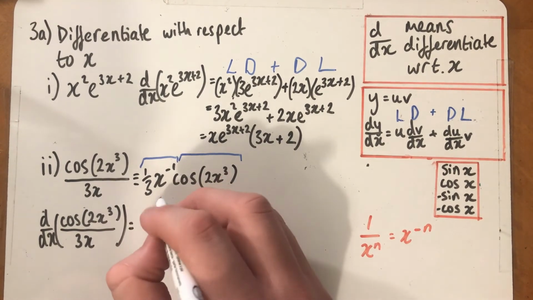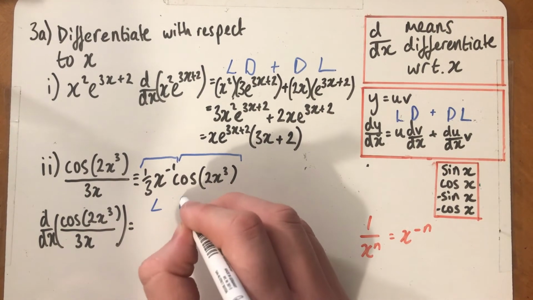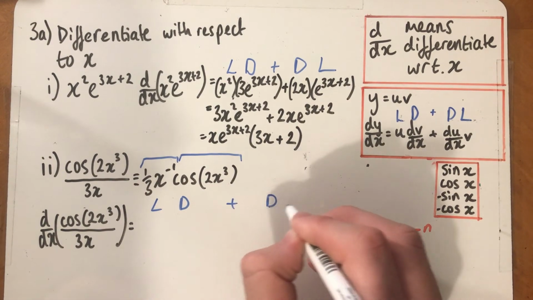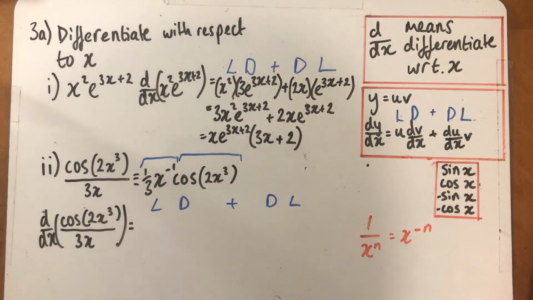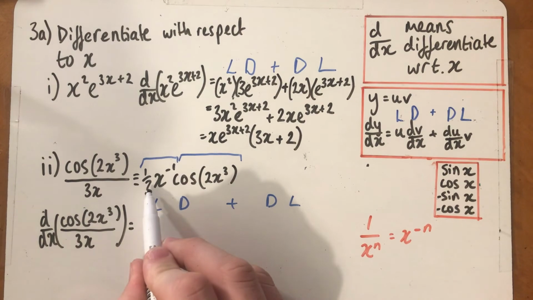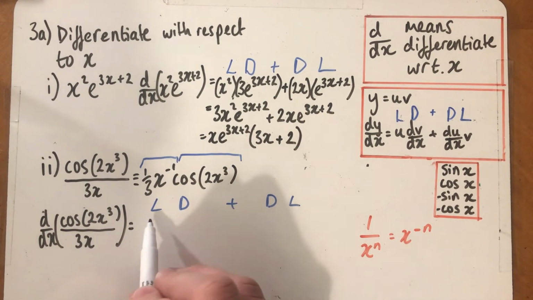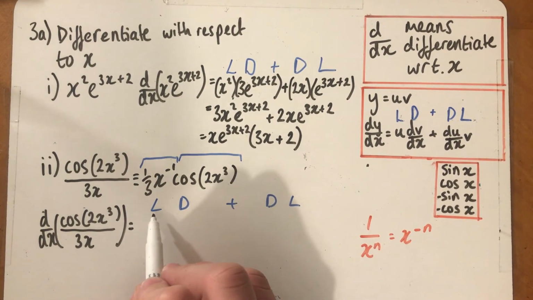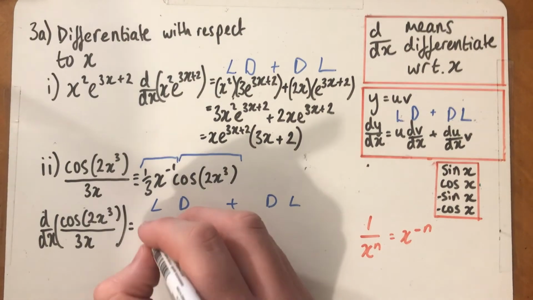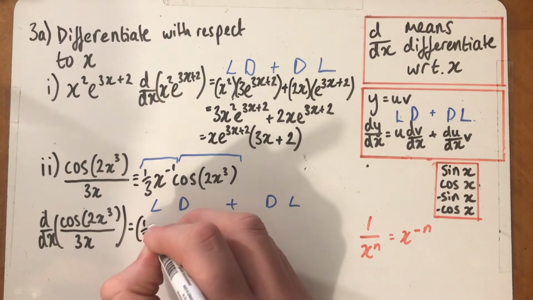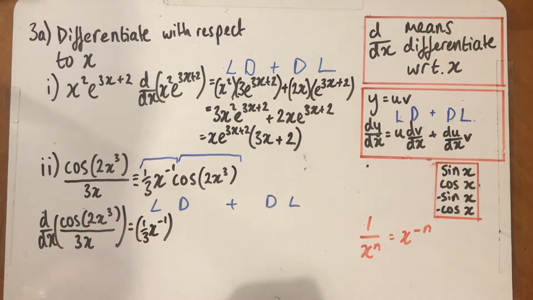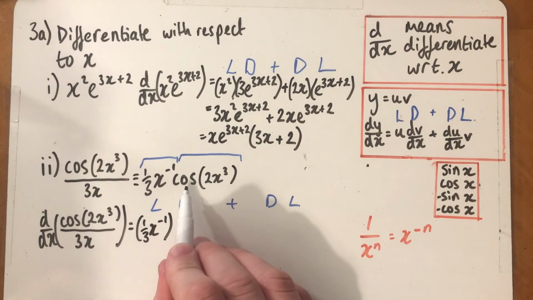Okay, so to help us use the product rule, we use Lidl. So this is our first term, this is our second term. We leave our first term, so that remains as 1/3 x to the power of minus 1. We differentiate our second term.